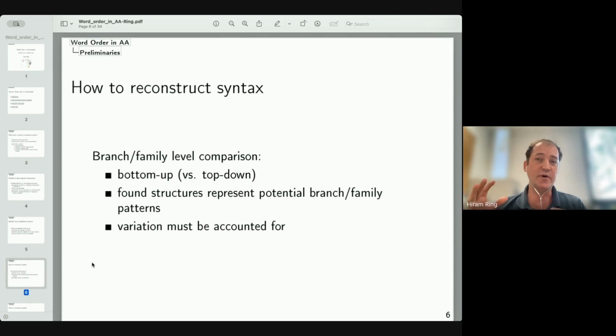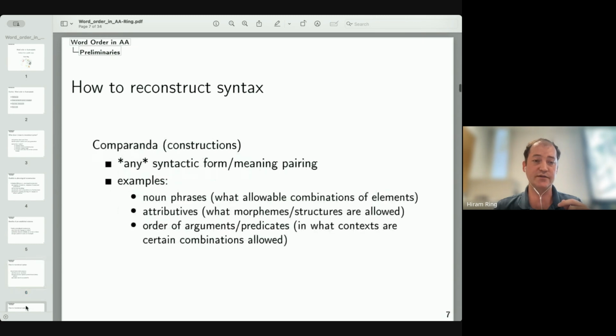But there's also the possibility, if you have a historical language to compare with, to do some kind of top-down analysis. And the assumption here when you're doing a bottom-up reconstruction is that the found structures in those related languages represent these potential branch or family patterns, and then you account for variation in those patterns.